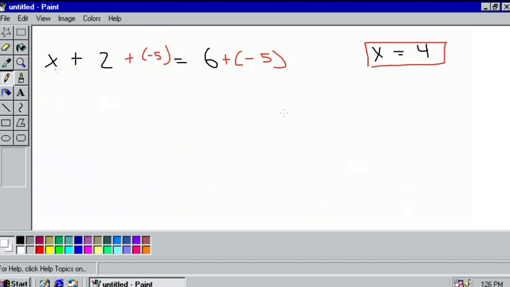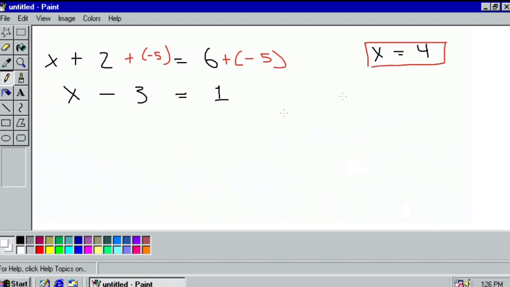We have x plus 2, so we have x here, and 2 minus 5 is negative 3. Then we have here 6. 6 minus 5 is 1.